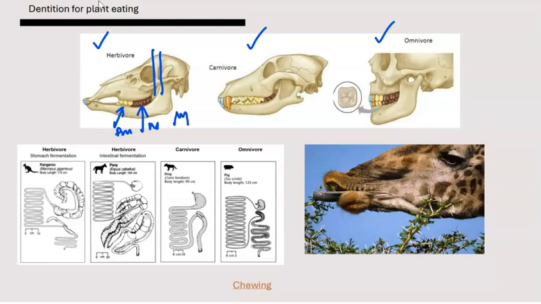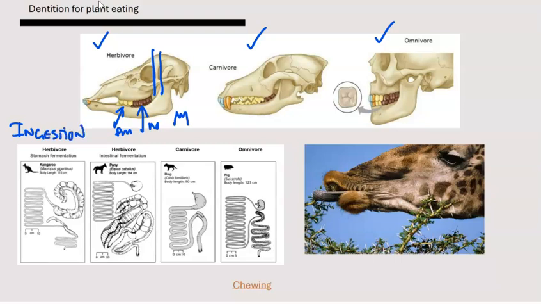This enables them to break down the resistant plant material before its movement down into the digestive system. And so the dentition of a herbivore is associated with the beginning of the digestive system and the process of ingestion.